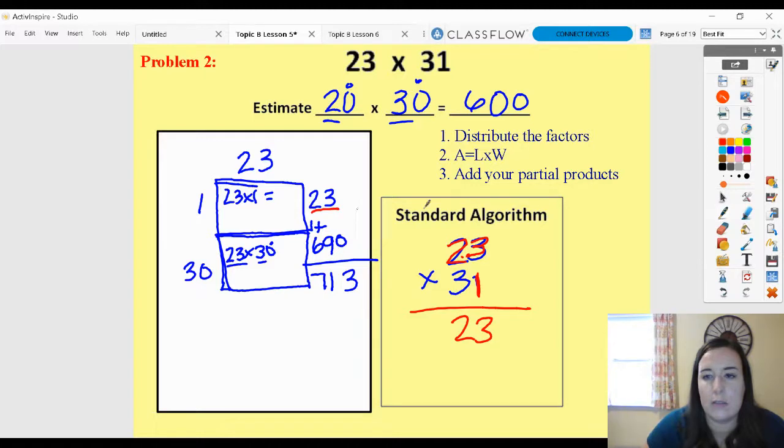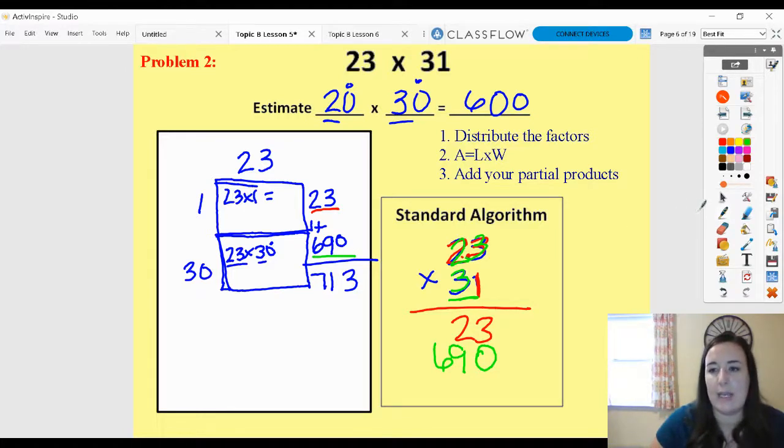Same partial product. Now I'm going to do the 23 times 3, or actually 30. So I put my placeholder 0 here, and I do 3 times 3, which is 9, 2 times 3, which is 6. So I get 690, which is the same partial product that I got here in the area model.